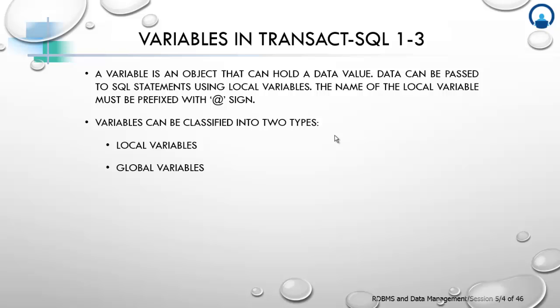Data can be passed to SQL statements using local variables. In Transact SQL, variables can be created for temporary use while executing a batch of SQL statements. The name of the local variable must be prefixed with the @ sign. Variables can be classified into local variables and global variables.